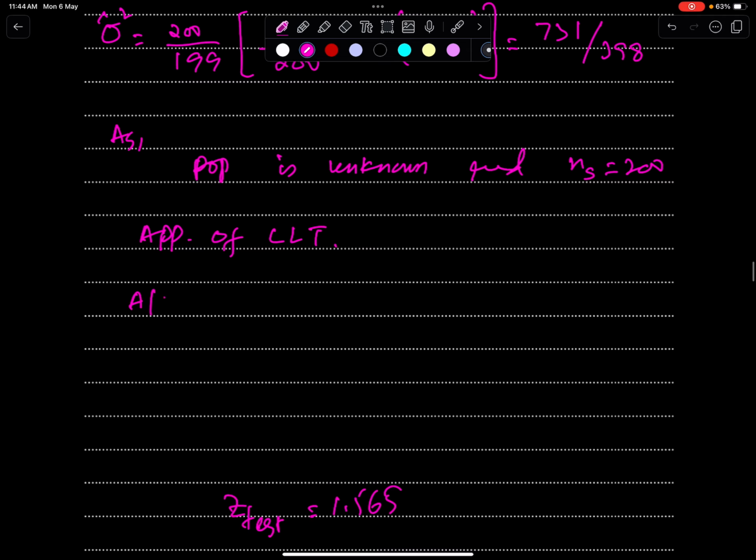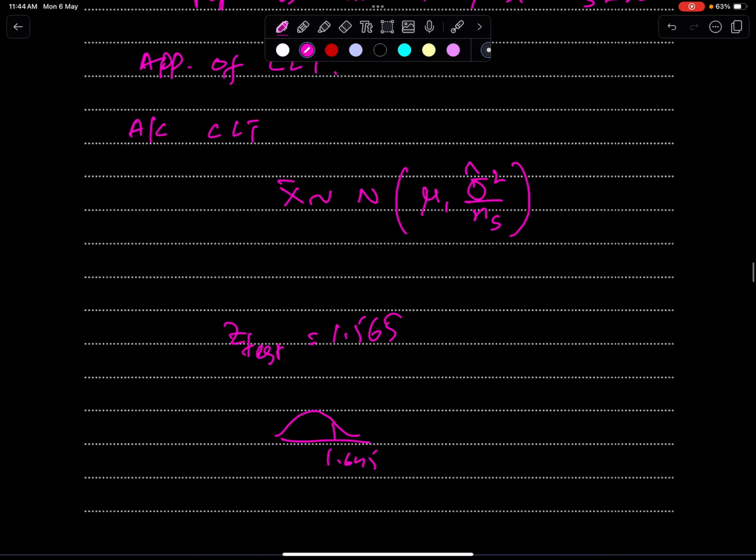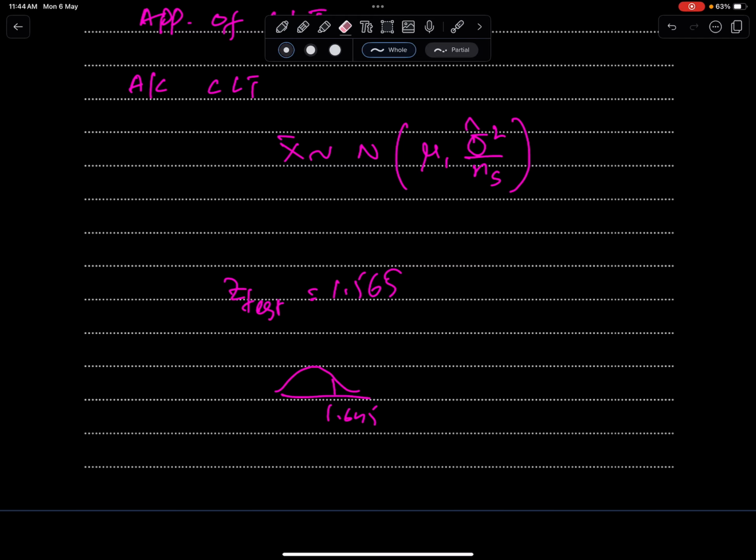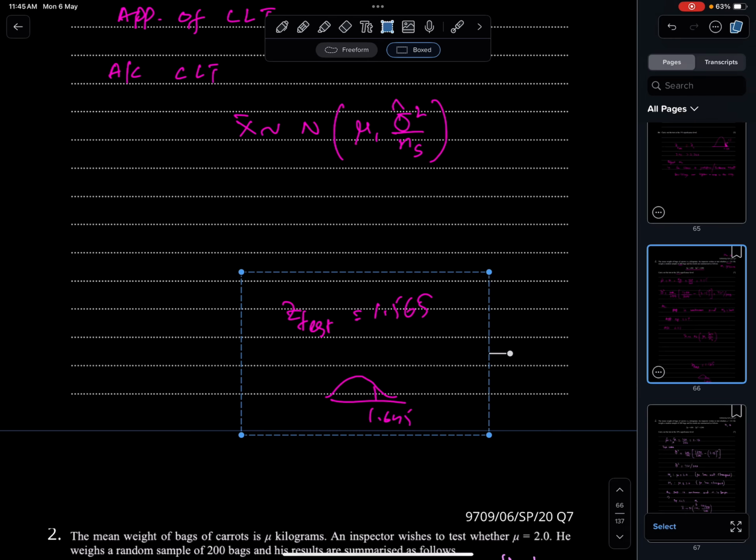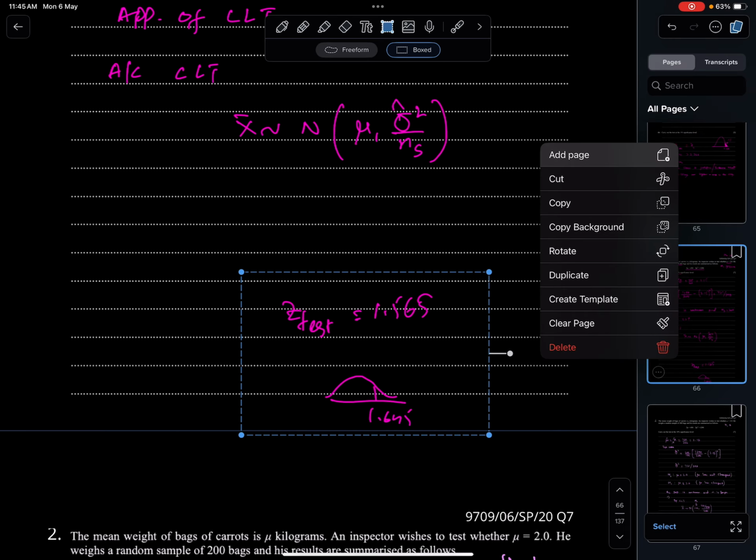So according to CLT, X bar is approximately normal.